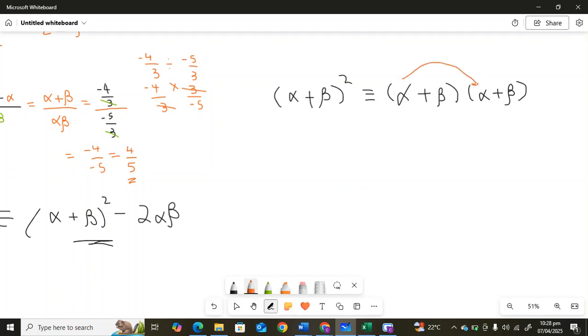So alpha times alpha, alpha squared, alpha times beta, alpha beta, plus beta times alpha, alpha beta, beta times beta, that is beta squared.